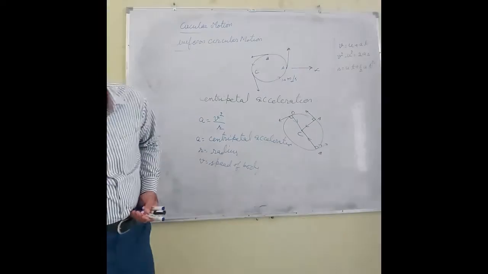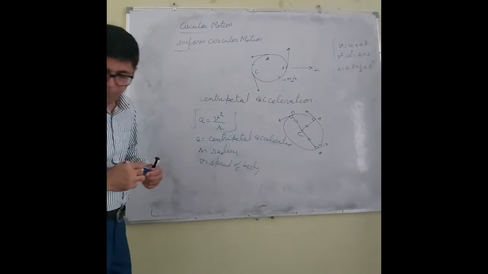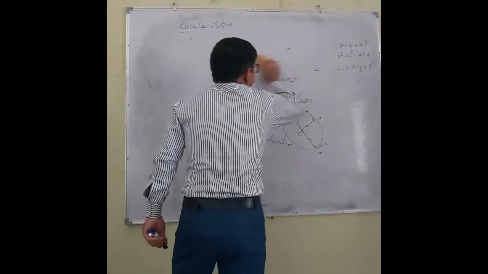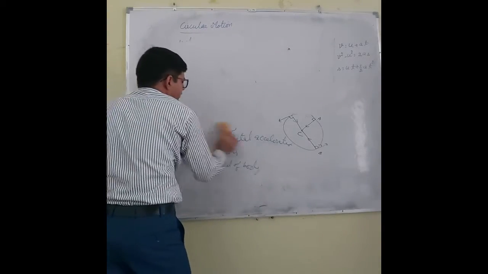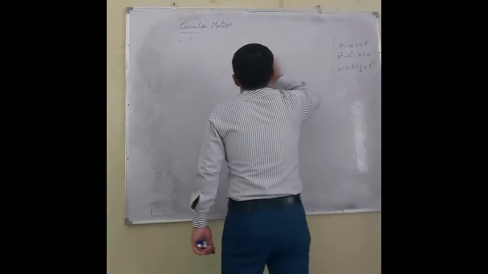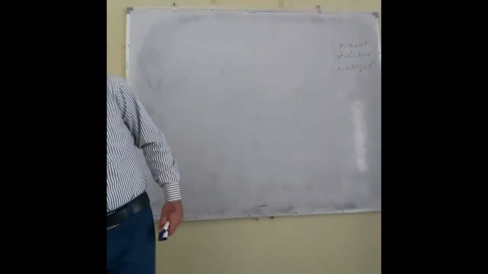So remember this formula: A equals v square by r. Why is this acceleration called centripetal? It is because the acceleration is acting towards the center. So it is called the centripetal acceleration.